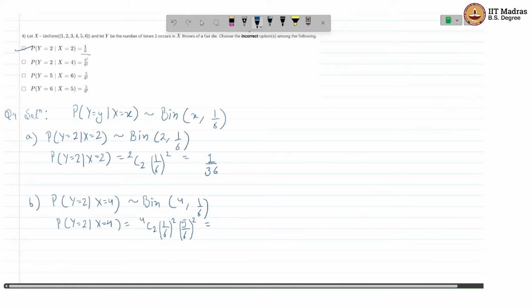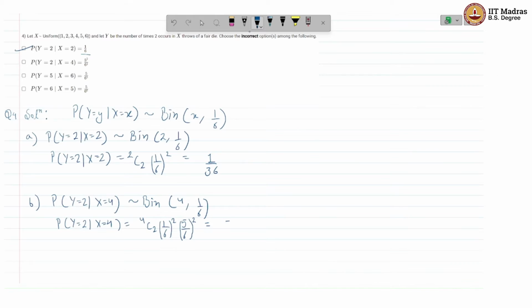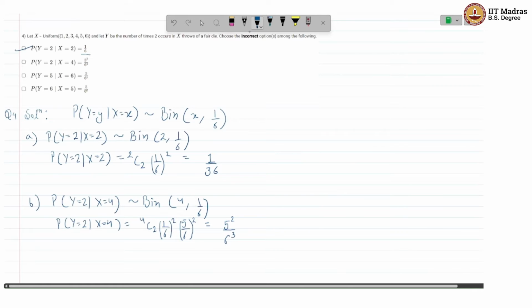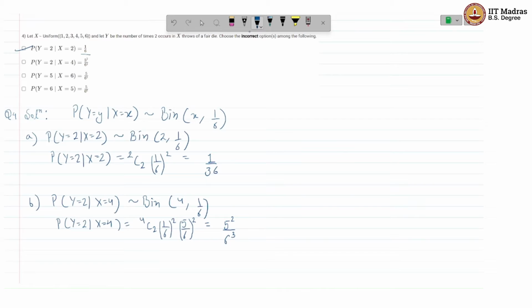And on calculating, this will be equal to 5^2 divided by 6^3. And as in the option, the conditional probability y is equal to 2 given x is equal to 4 is 5^2 divided by 6^3 is given, which is the correct probability. So we won't mark this option.